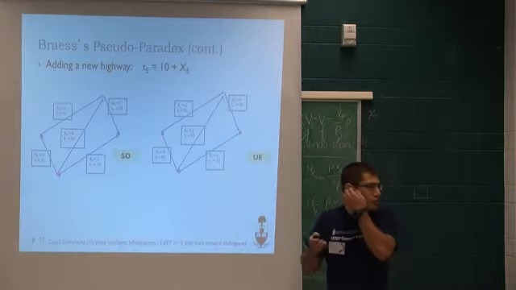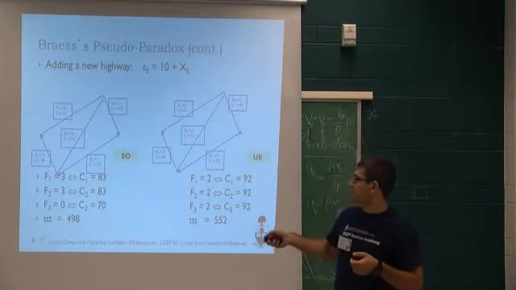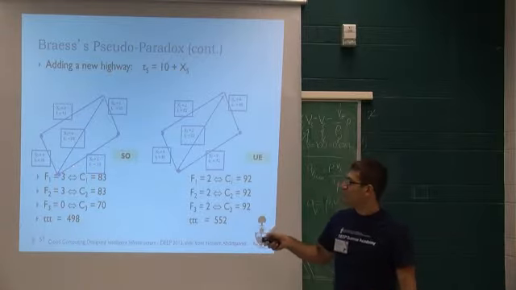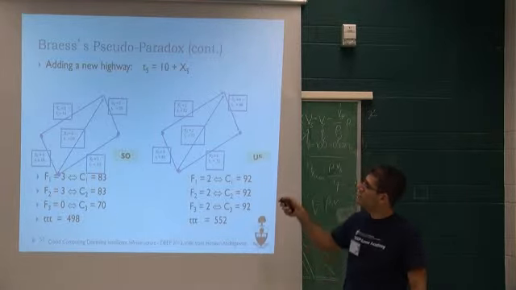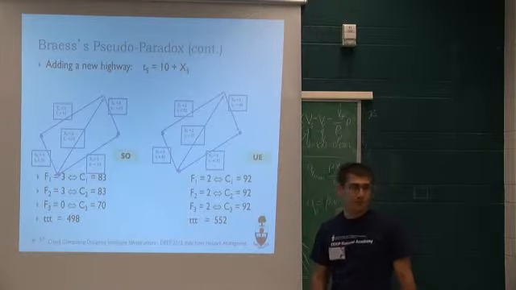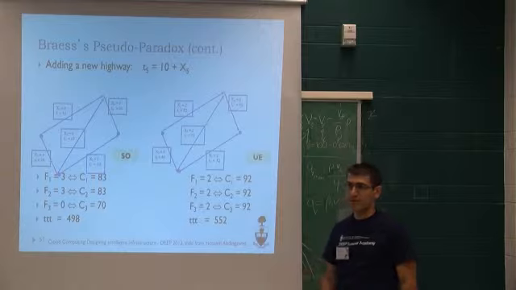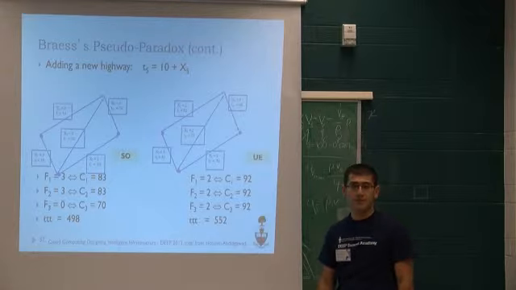If there's another shorter route, why don't I take that? When you calculate it, you end up with the travel times of these 3 being 83, 83, and this middle route, which is not being used, which has this performance function, this highway, being 70 minutes. But no one is using it. Okay, so they're using these 2, and the total travel time is 498.